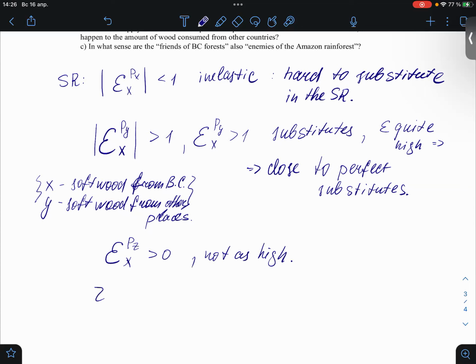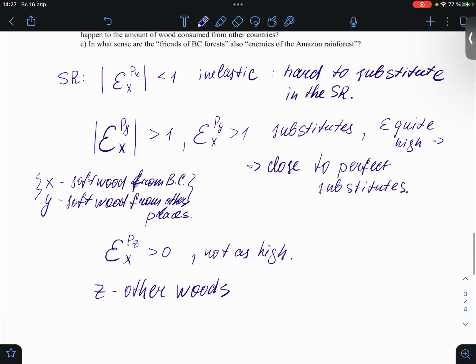That means that softwood and other woods are imperfect substitutes. They substitute each other, but the demand is not so elastic.